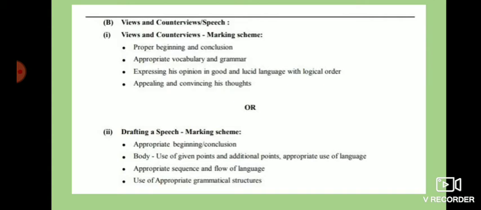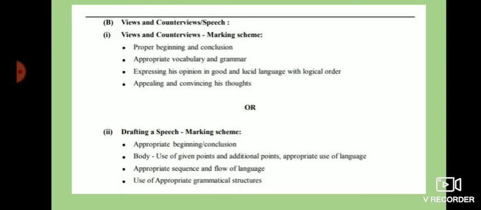The marking scheme of drafting a speech is: appropriate beginning and conclusion, for which you get 1 mark. In the body, use of given points, additional points, and appropriate use of language. Also appropriate sequence and flow of language and use of appropriate grammatical structures.